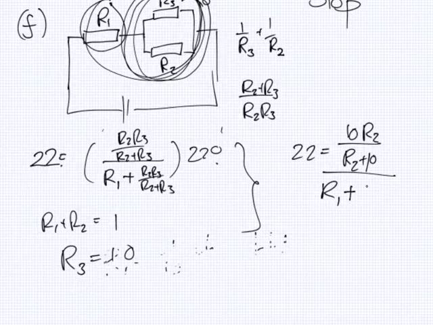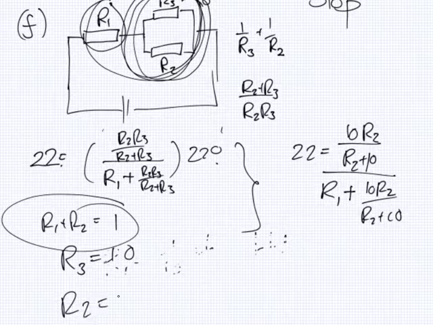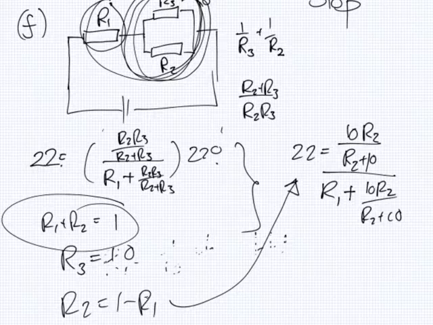Yes, me too. R2 and R3, that's 10 R2 over R2 plus 10. But like Fuang said, you can say that R2 equals 1 minus R1, which you can put in here. And we can call R1 x.